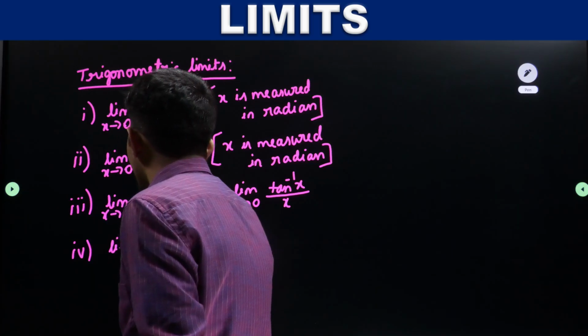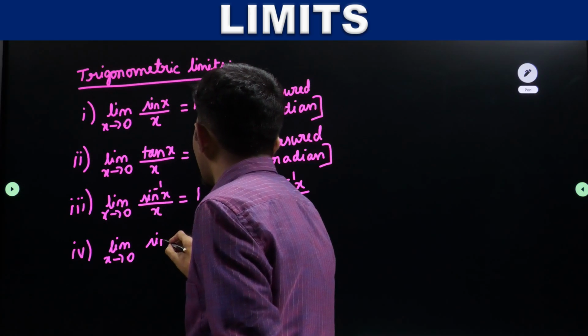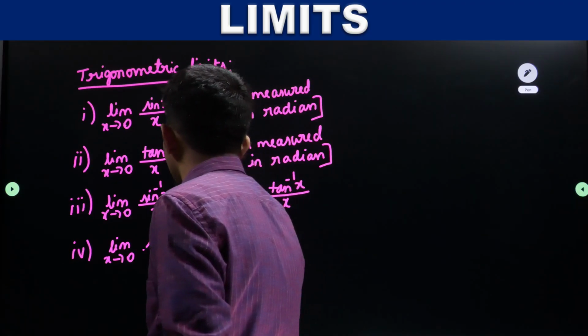Limit x tends to 0, sin ax by sin bx is a by b.